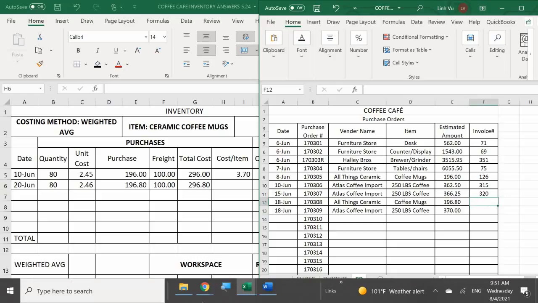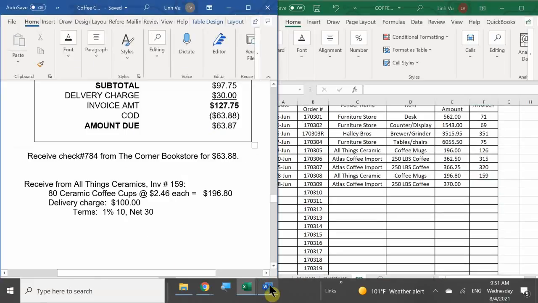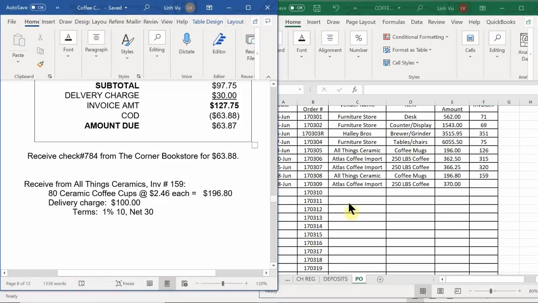And that was invoice number 159. Okay. Good. So we're still waiting on our coffee here to arrive. Okay. Good. Now that transaction is complete. Okay.